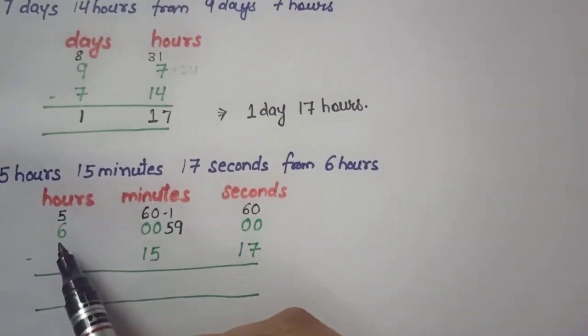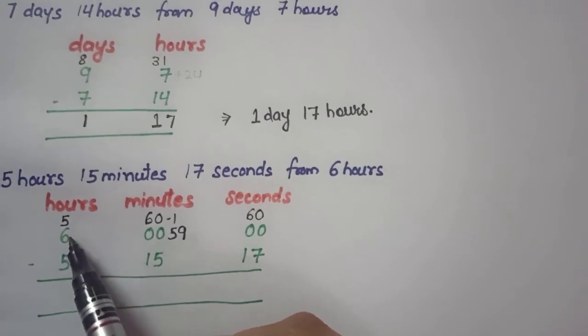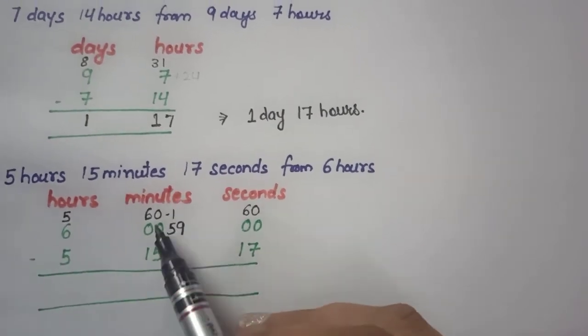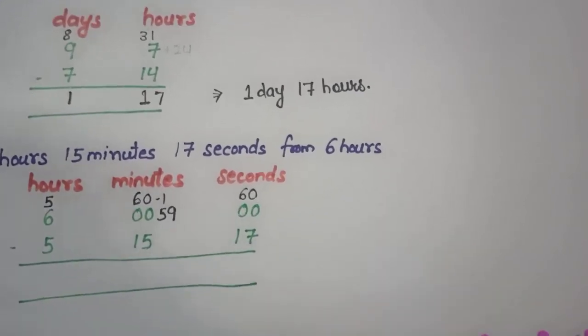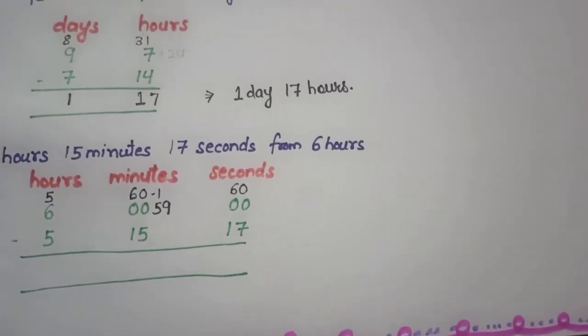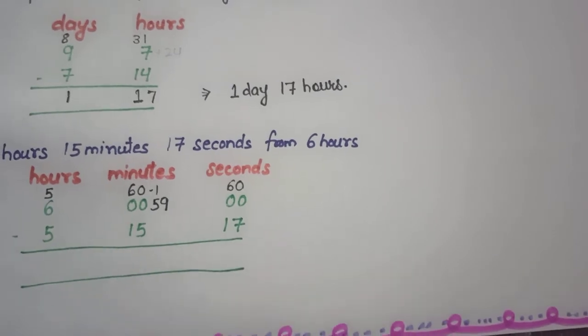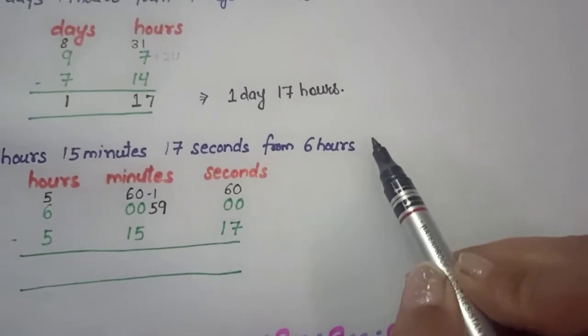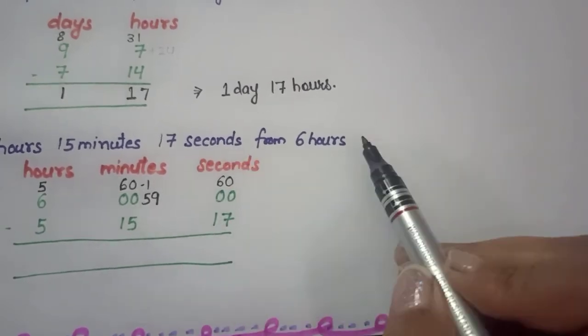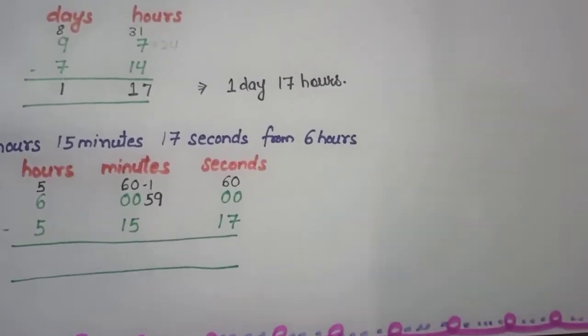So let us write down 6 in the hour part, and simply write down 0 in the minutes and seconds places.